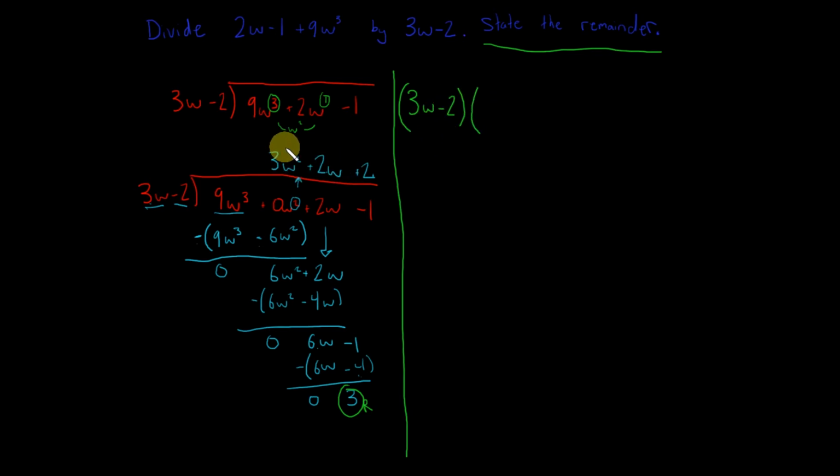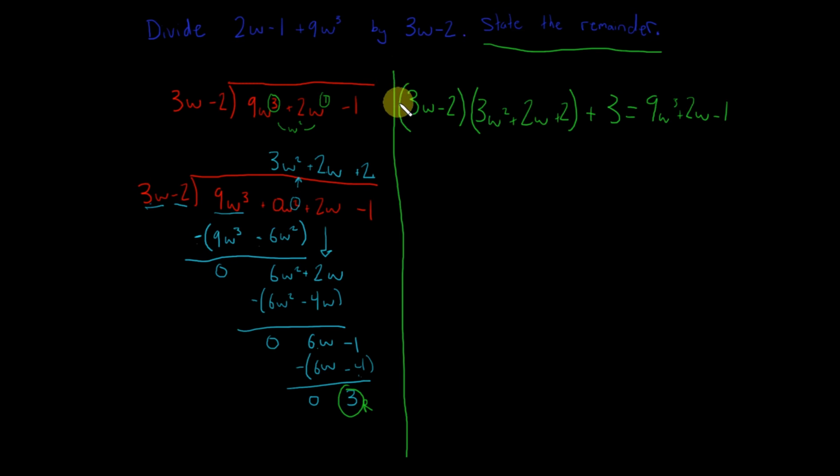And that's going to be 3w squared plus 2w plus 2, plus the remainder, which is 3, and that's going to equal the polynomial, which is 9w cubed plus 2w minus 1. So that's our division statement.